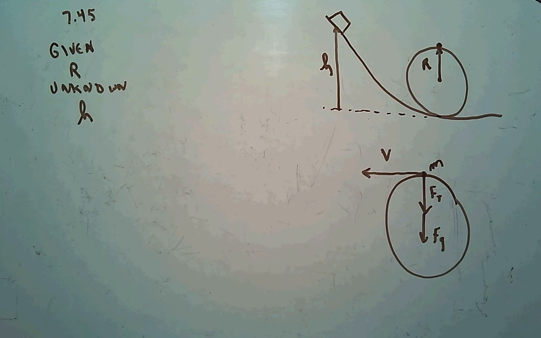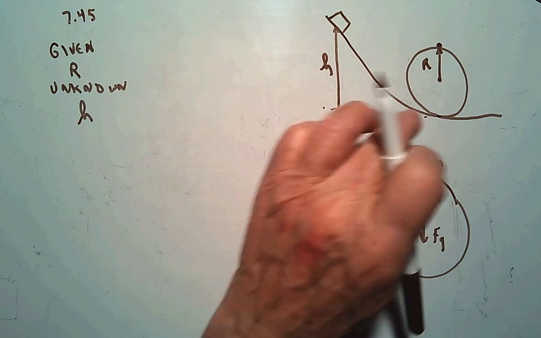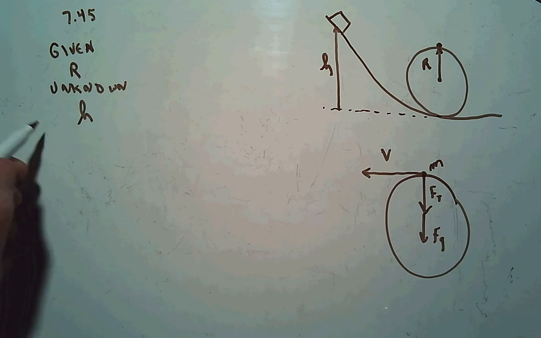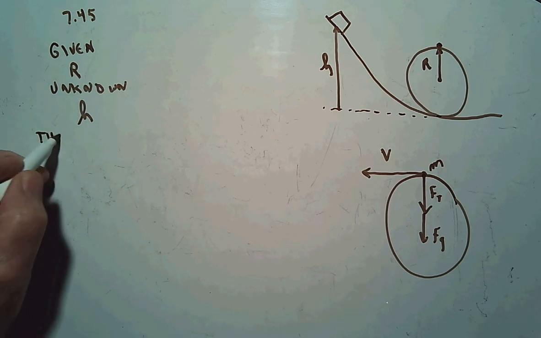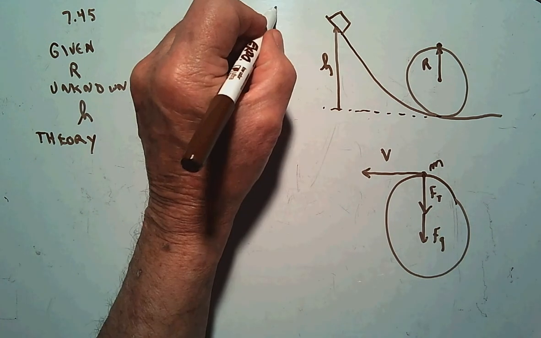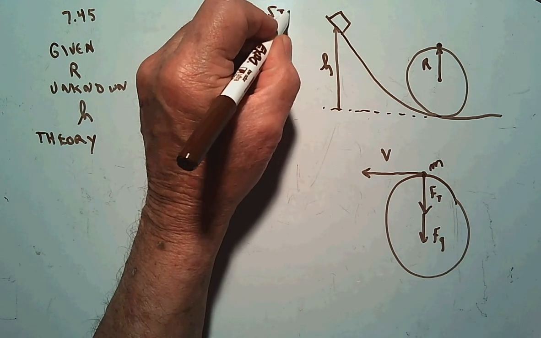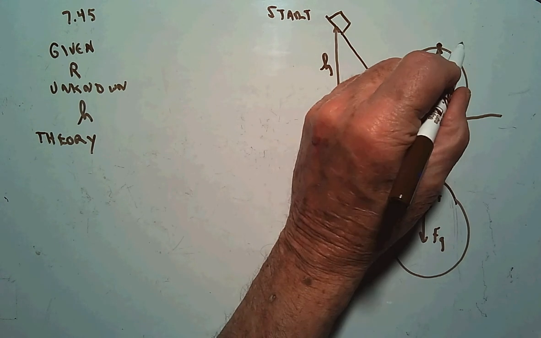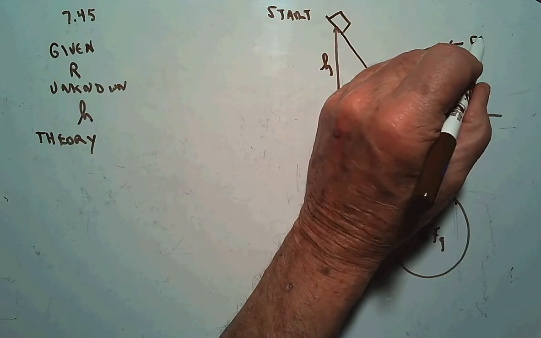Now, we can get a relationship between the height here and the velocity that this thing is traveling using the conservation of energy. So we're going to use that first. We're going to call this the starting position and evaluate the energy there. And here is going to be where it finishes.